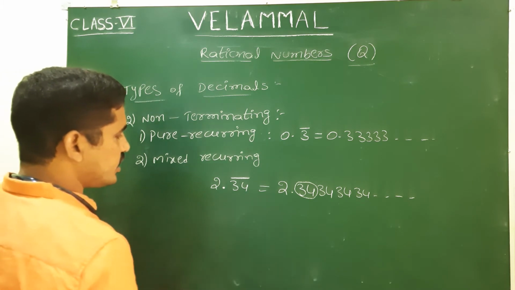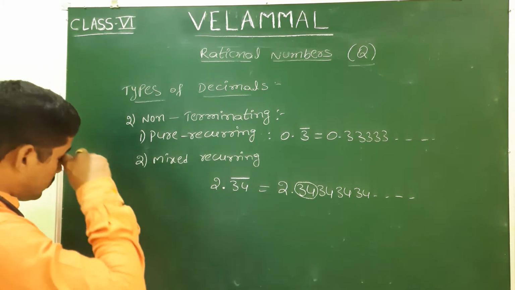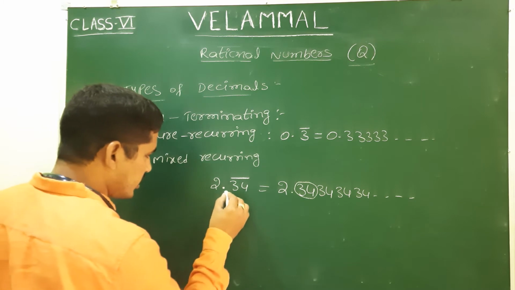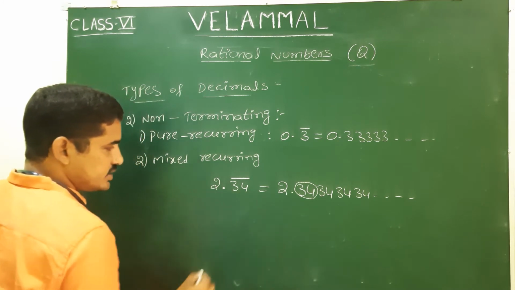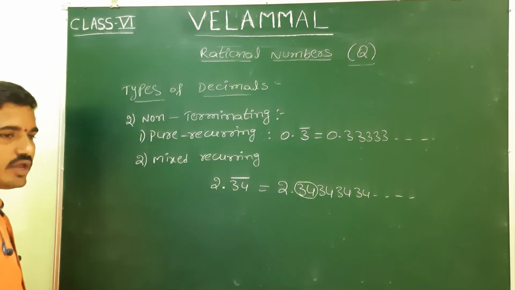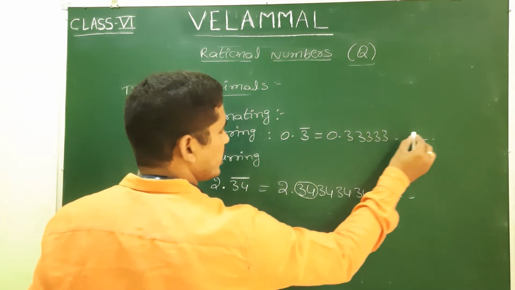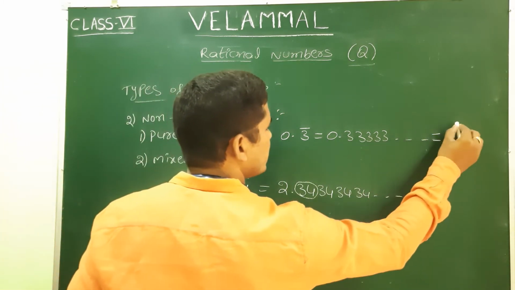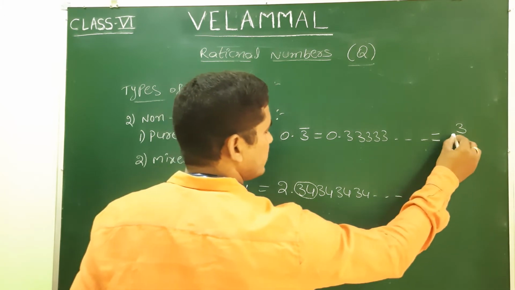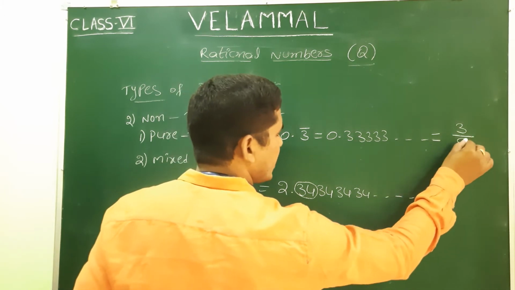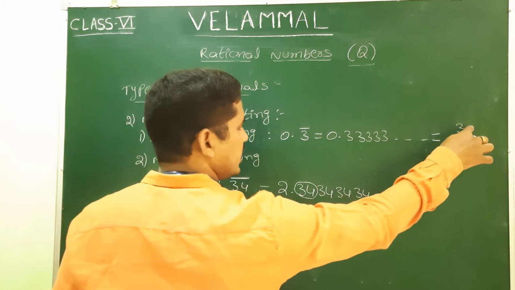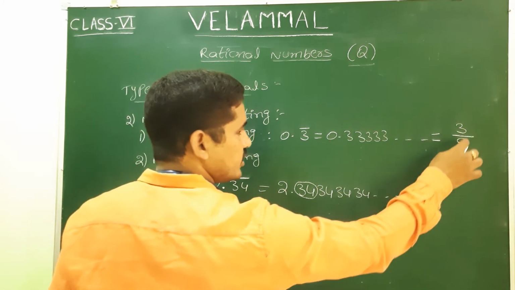So now we have taken 2.34 bar. Already we discussed the earlier one. If we write this in the rational number form, we take 3 in the numerator and 9 in the denominator, since period is 3 and periodicity is 1.